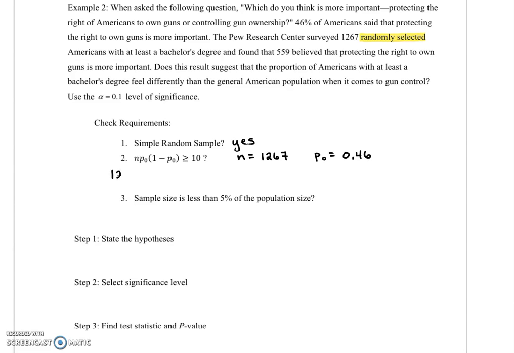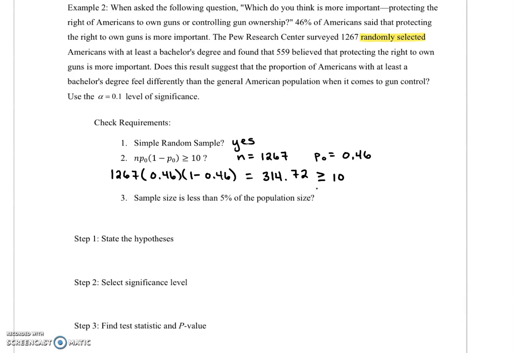Now we just do the math. So 1267 times 0.46 times 1 minus 0.46. We can just plug that into the calculator. And we get 314.72, which is definitely greater than or equal to 10.